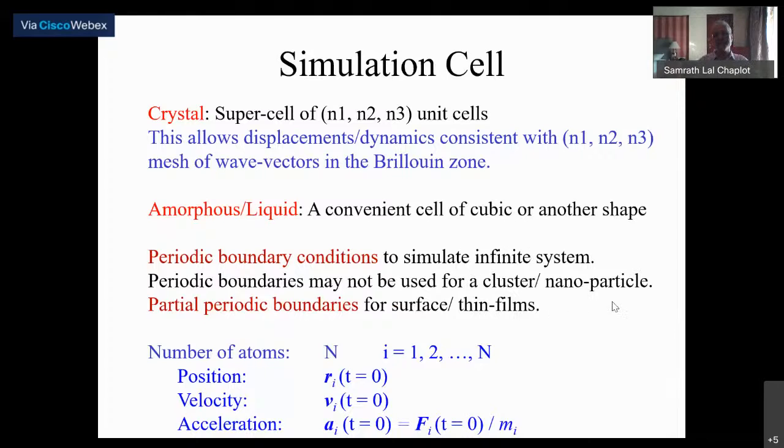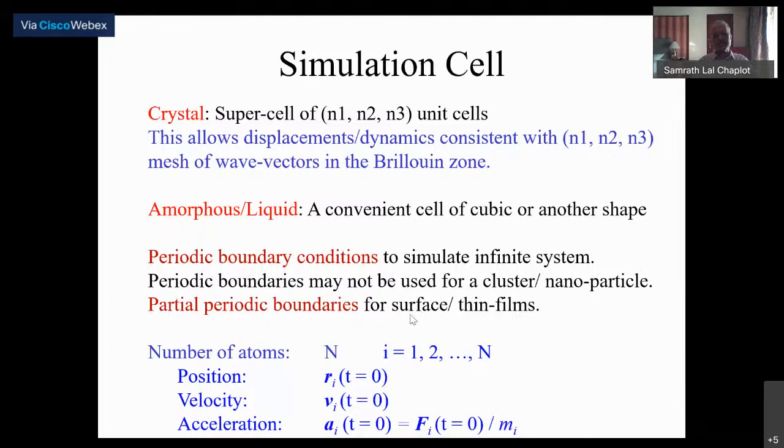I can have partial periodic boundary conditions if I want to simulate a surface or a thin film or a multi-layer system. Then, in the plane of the thin film, I can use periodic boundary conditions, and along the direction perpendicular to the surface, I don't apply any periodicity. So that is possible.